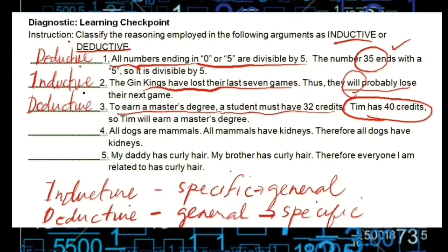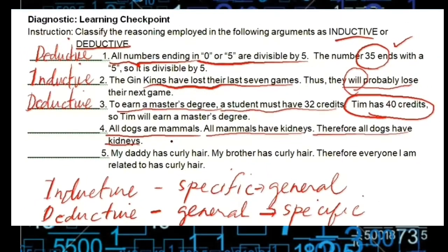So, number 3, deductive. Fourth one, all dogs are mammals. All mammals have kidneys. Therefore, all dogs have kidneys. In number 4, if you notice, all our statements are stated generally. So, ginamit natin yung word na all.